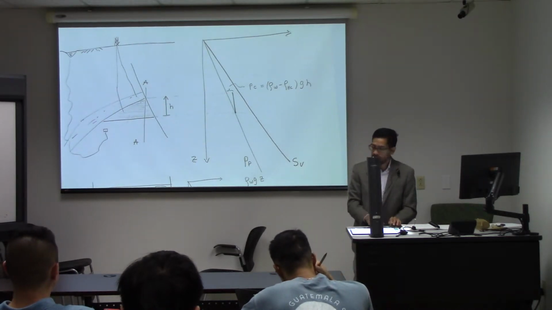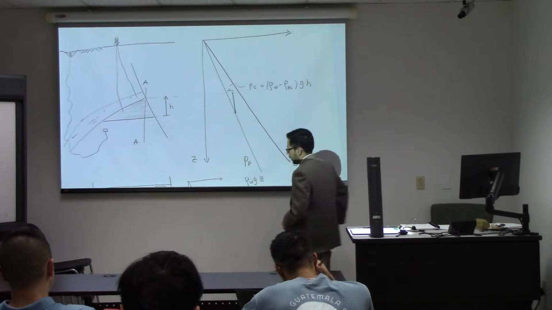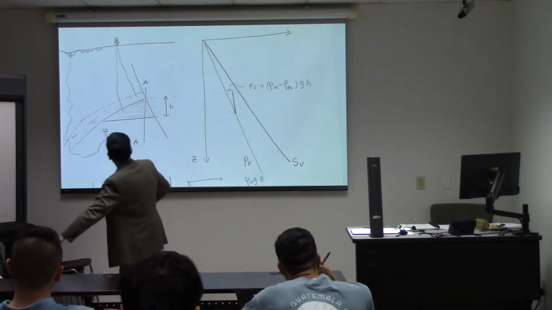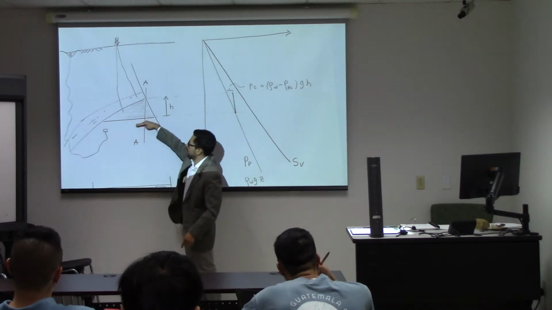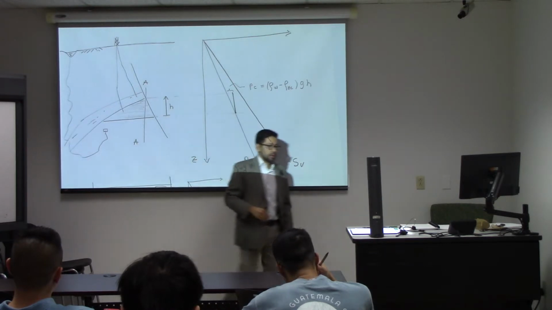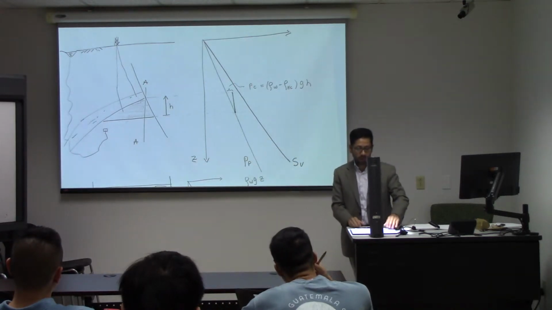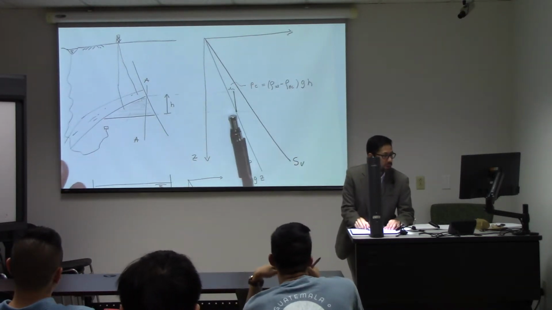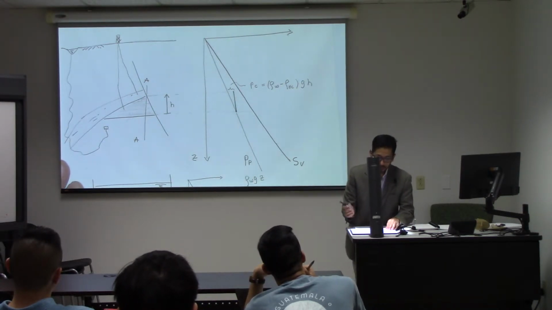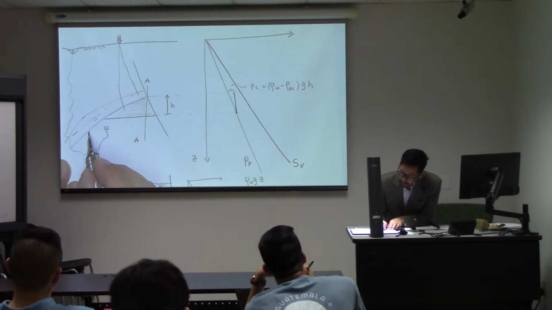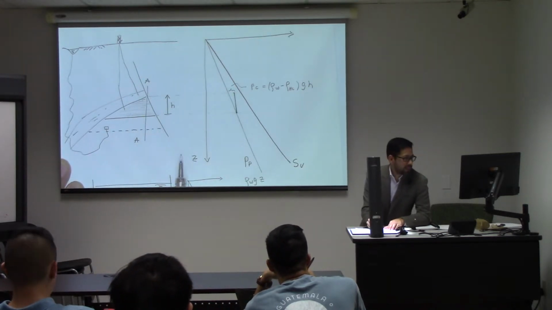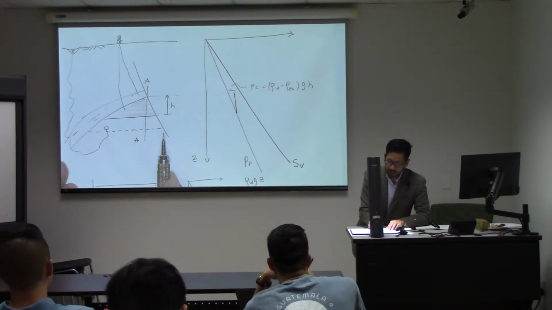What would happen if more hydrocarbons continue arriving to this reservoir and it continues to fill up? What's going to happen to this line? Can you see, let's imagine this hypothetical gas-oil contact line.